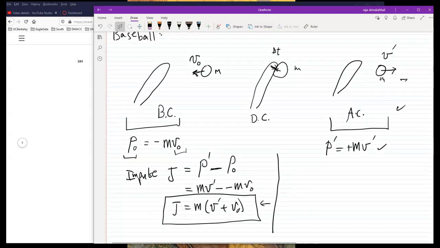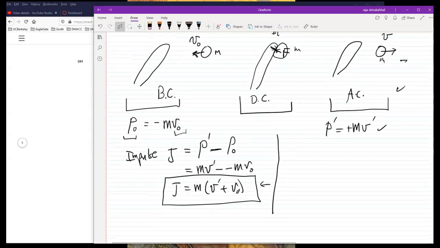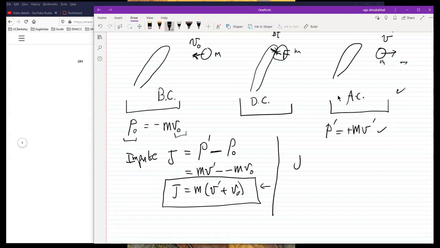So here, basically, I'm going to look at DC, which is during collision. What's going on during collision? Well, there is a force here. See what I'm saying? There is a force that is imparted on the baseball due to the bat. And this impulse that we define is equal to, in its simplest form, F delta T. Now, if F is not a constant, we can integrate it.